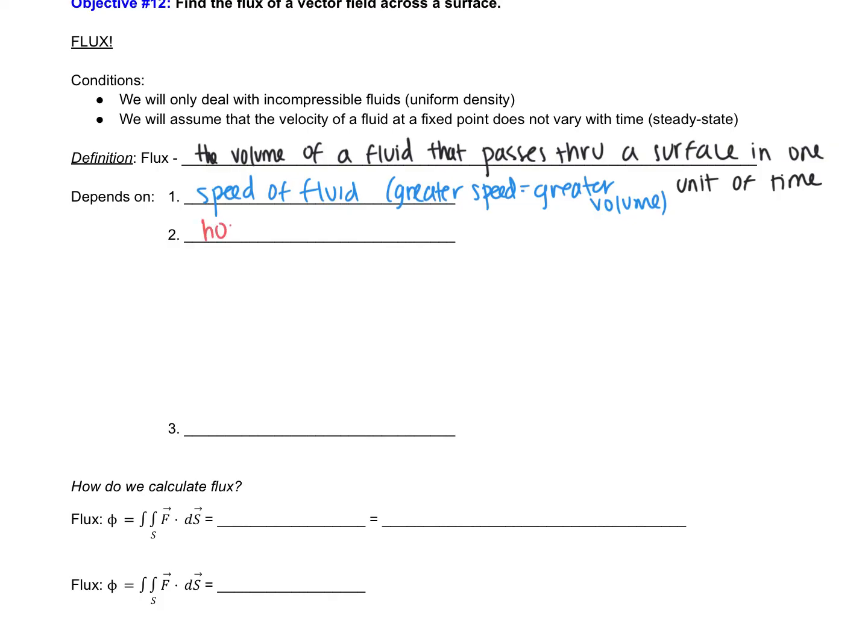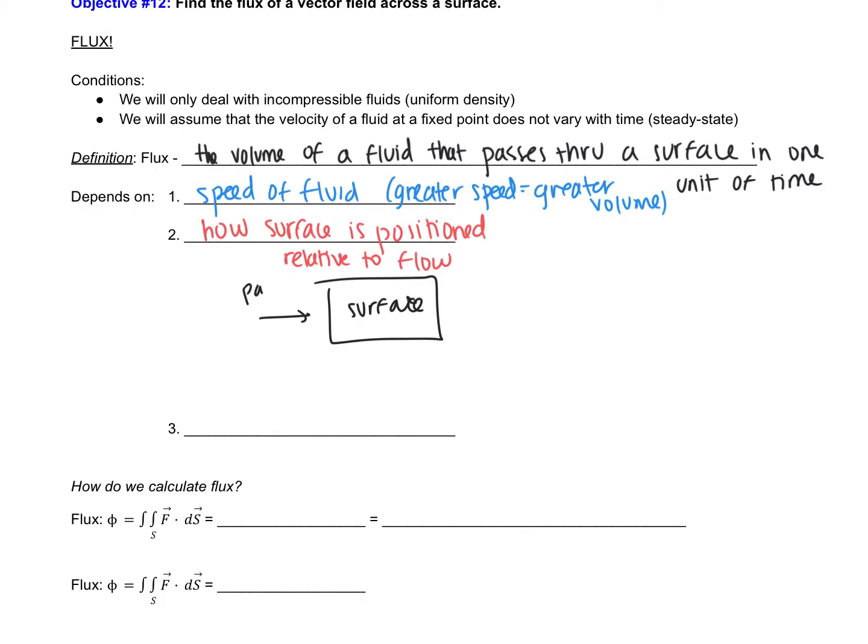Secondly, how the surface is positioned relative to the flow. This is going to be a little difficult to see two-dimensionally on a video, but I'm going to do the best that I can. Let's say that this is your surface, and let's say that the flow is parallel to the surface.